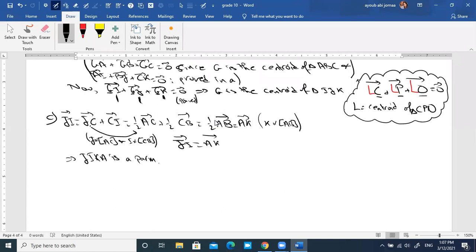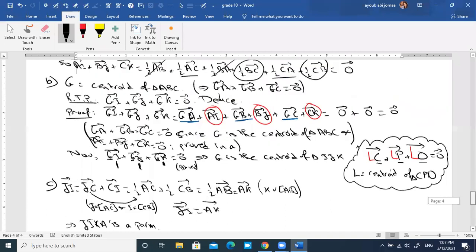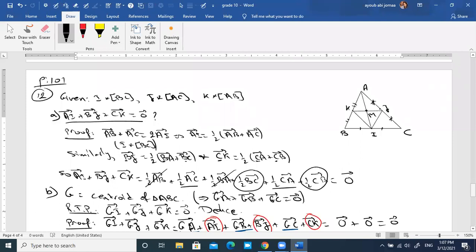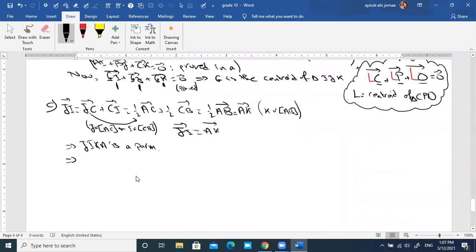Since it is a parallelogram, this means that M is the midpoint of AI and also the midpoint of JK, because diagonals in a parallelogram bisect each other.